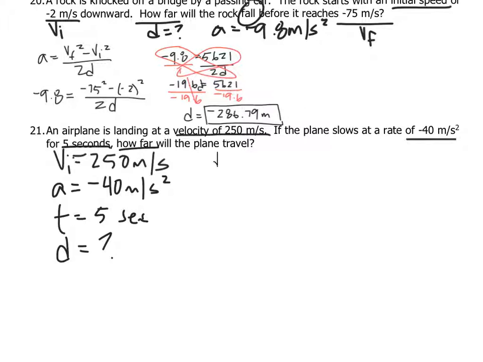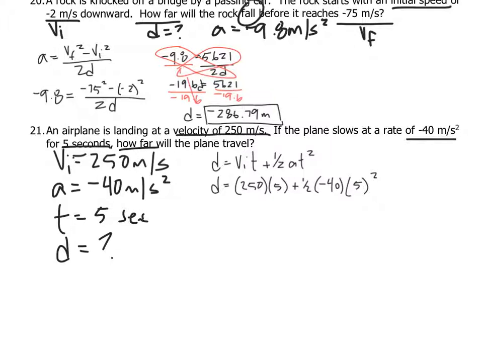Equation I would use is D equals VIT plus 1/2 AT squared, where D is unknown, initial velocity is 250, time given to me was 5 plus 1/2, acceleration is negative 40, and time again is 5 squared. So 5 squared times a negative 40 times 1/2 plus 5 times 250.